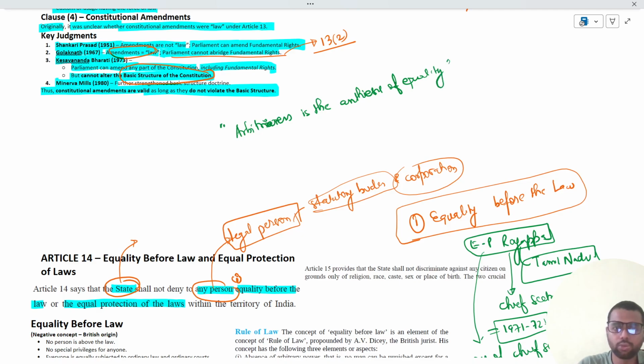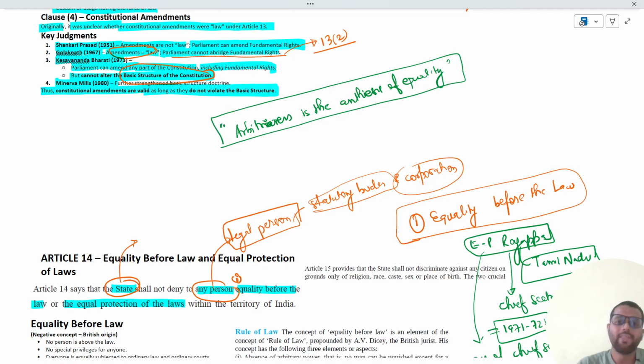If tomorrow there is a question on what you mean by equality before the law, you can quote this: that the Supreme Court in the E.P. Royappa 1974 judgment said that arbitrariness is the antithesis of equality. That is, equality is not just about reasonable classification. Kindly note it down that equality is not just about reasonable classification. You can quote this in an essay as well.